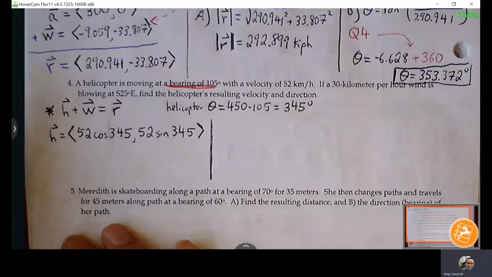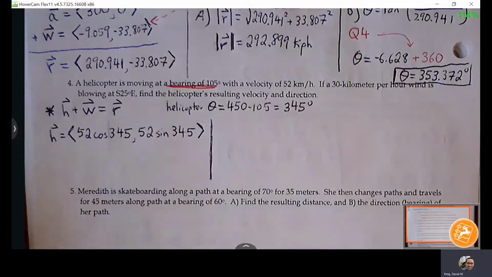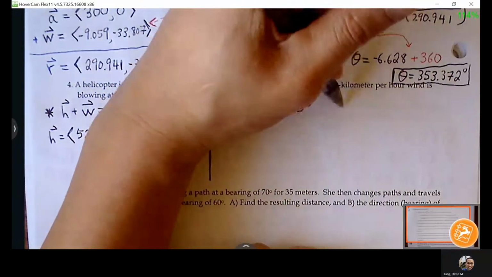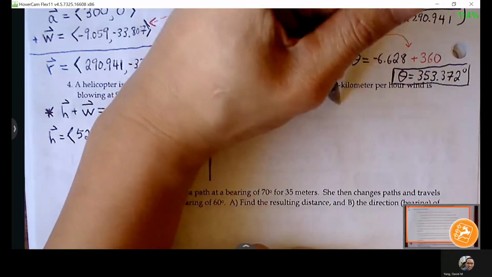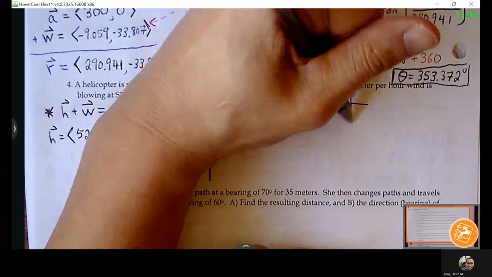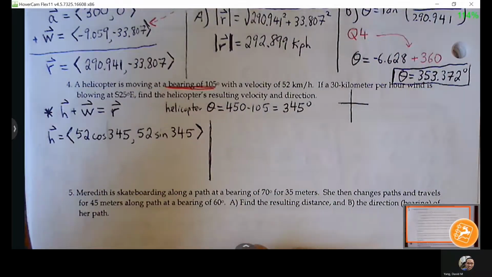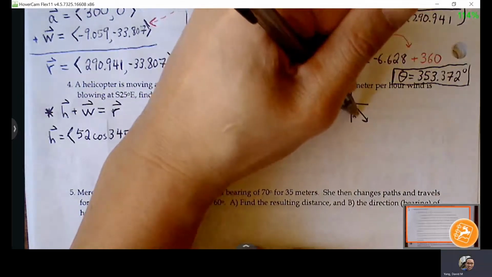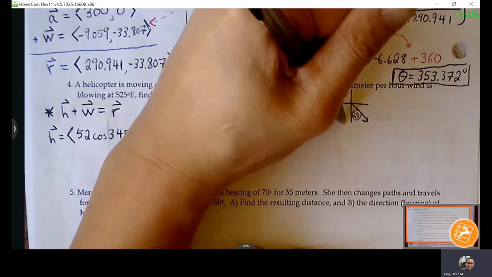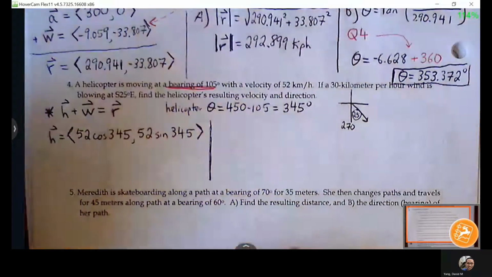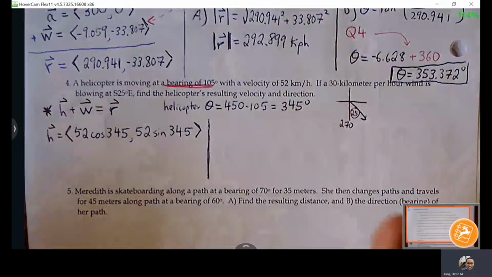Okay, let's build our vector for the wind. The wind is blowing south 25 degrees east. So we know it's going to be pointing south.